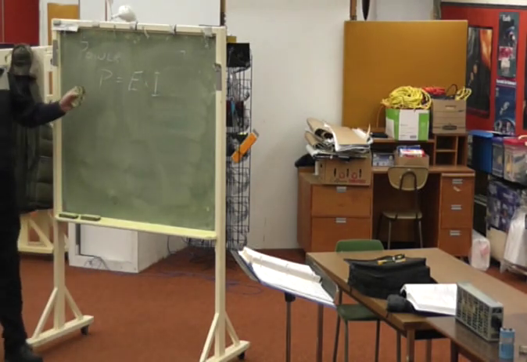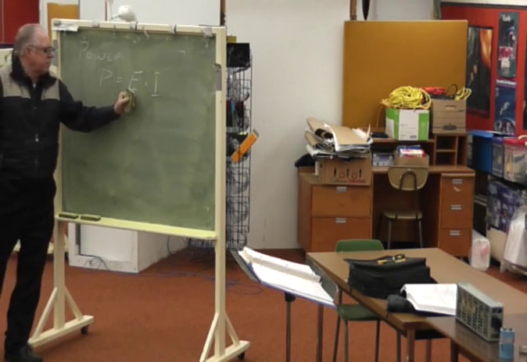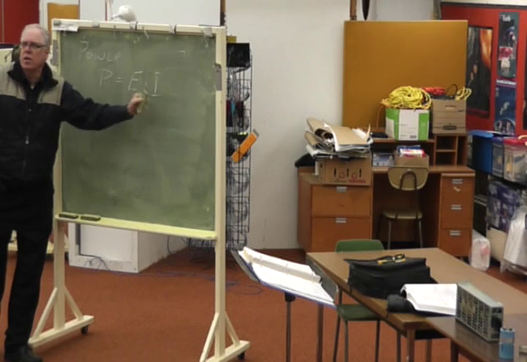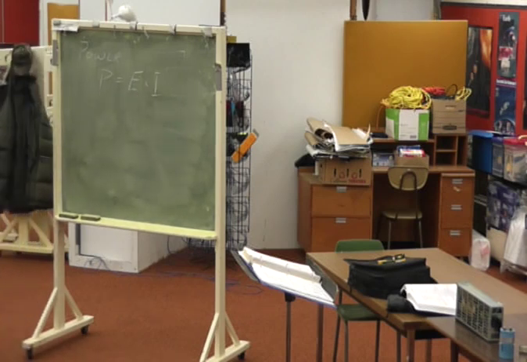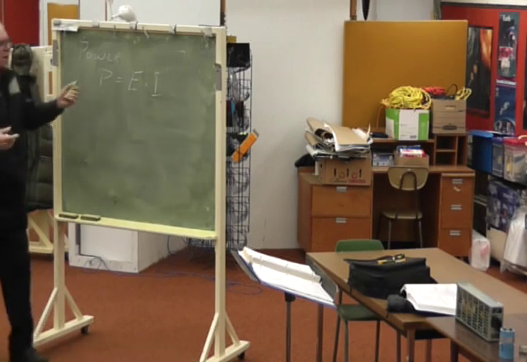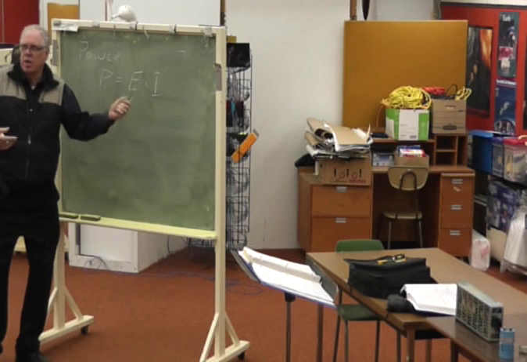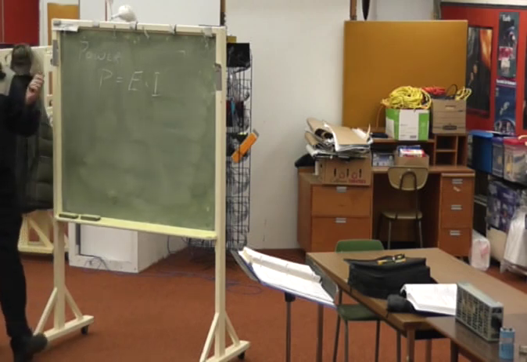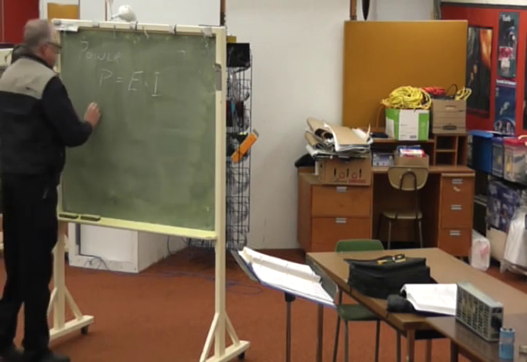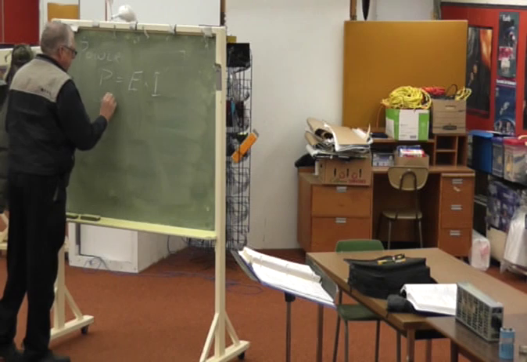If I take the voltage difference times the current, that gives me the power. So 12 volts and a current of 10 amps would be 120 watts. So power is measured in watts.